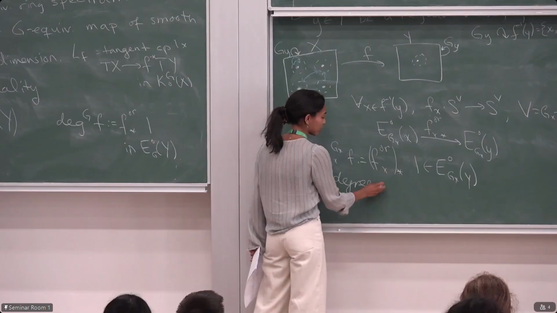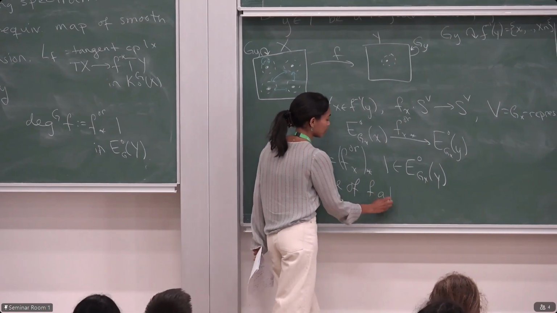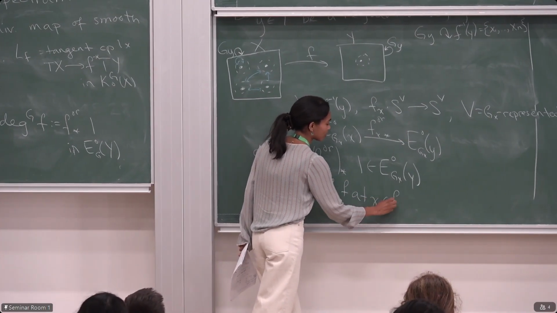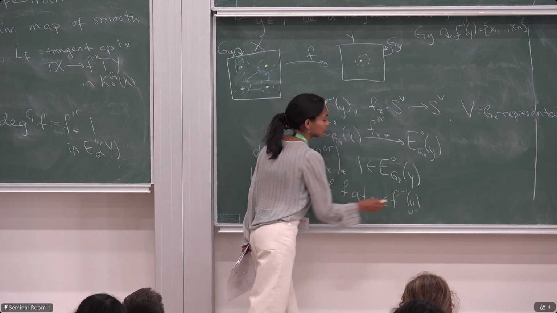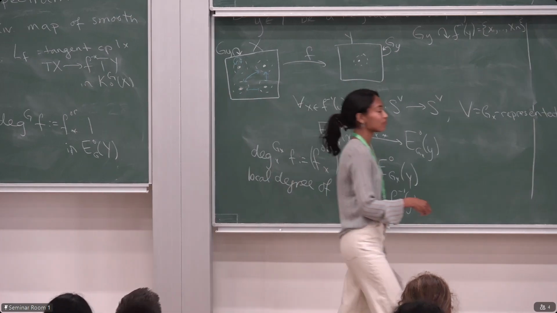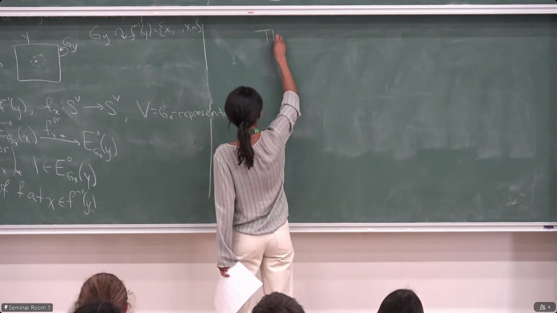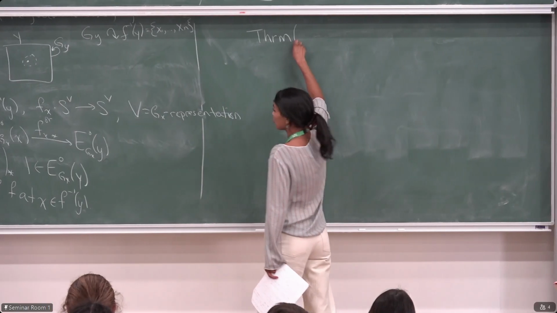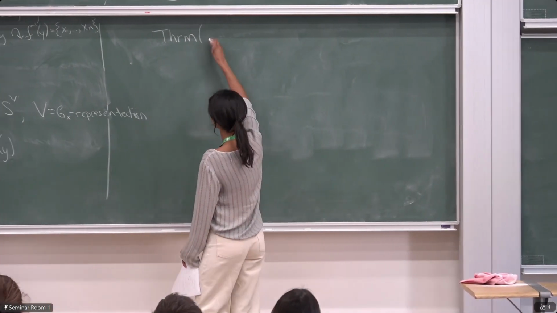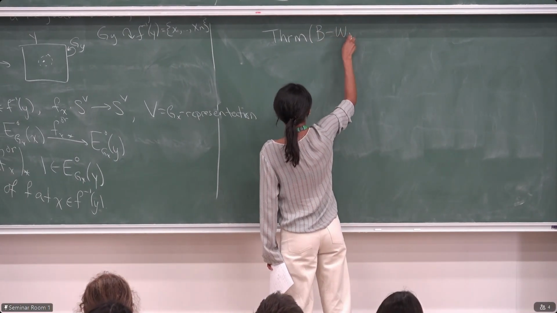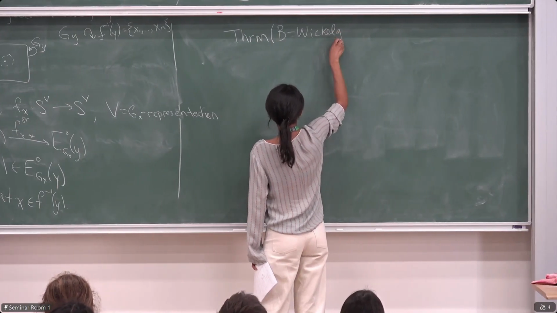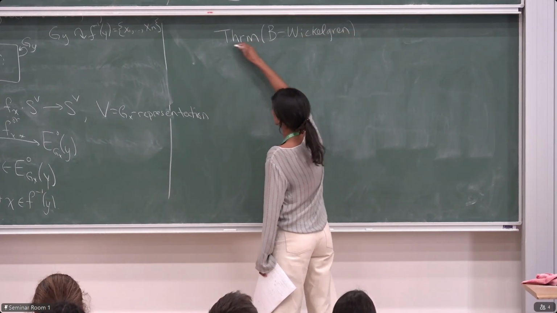This is the local degree of f at x, and now we'd like the global degree to be a sum of local degrees. And we can do that.